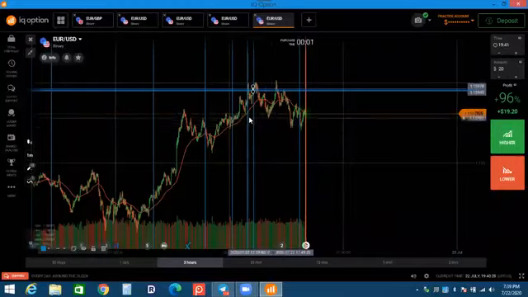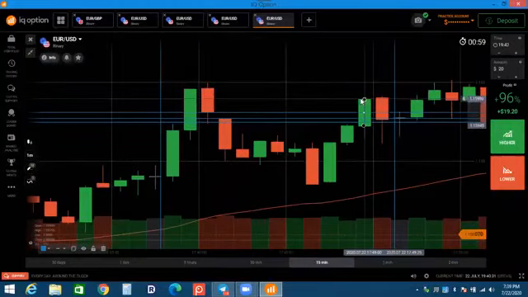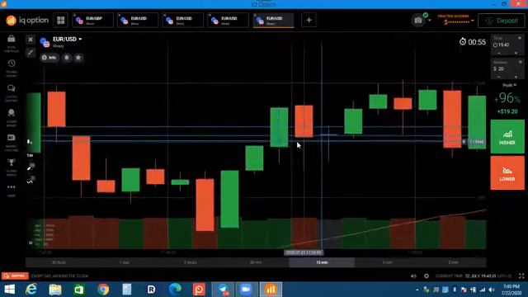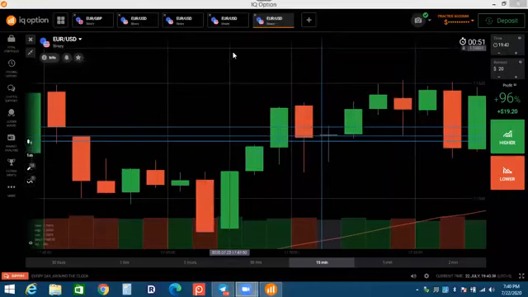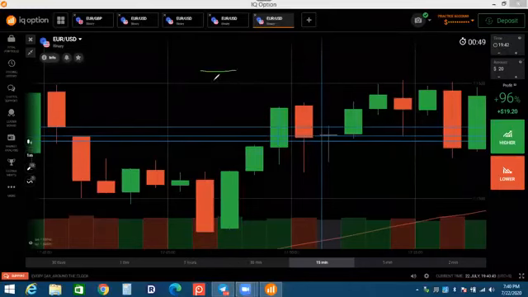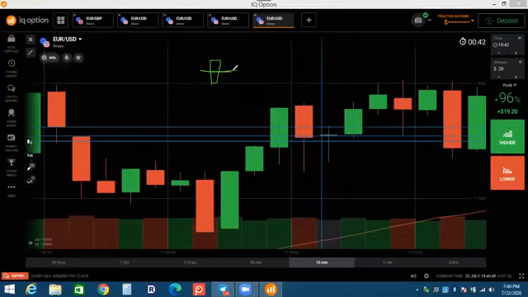If I go in the past, there will be the resistance level. Any candle, if you find this type of breakout, where the body is 50% below and 50% above the resistance level, that is a false breakout.